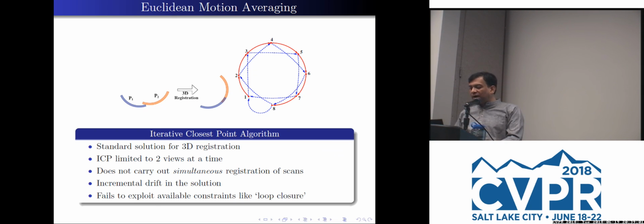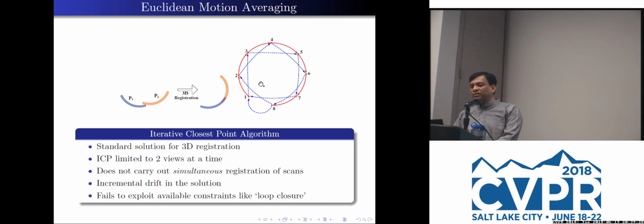Once you do that, you can enforce the constraints that your solutions need to satisfy to be better. Because remember, if I were to only use the red edges, then I'm going to start getting drift in my solution, and this last camera is going to be very far from the first one, but that's going to be inconsistent with the relative motion that I estimate here.